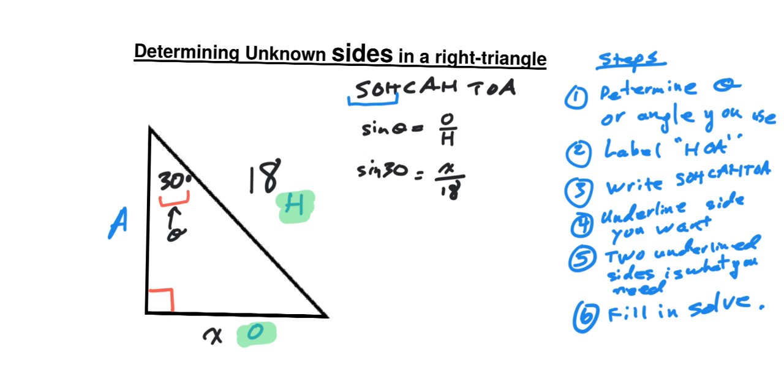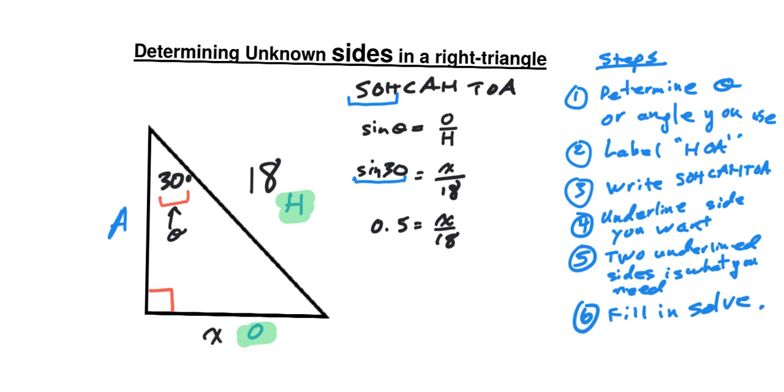Now, we're going to punch in, we need to calculate this right away. So calculate that ratio and you get the following. Sine of 30 is 0.5 equals x over 18.